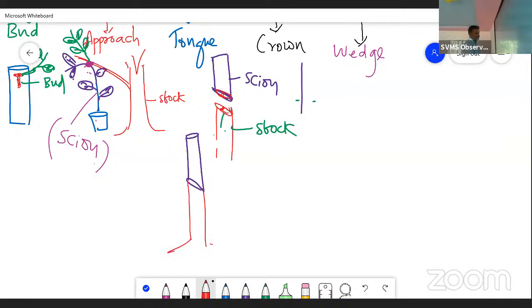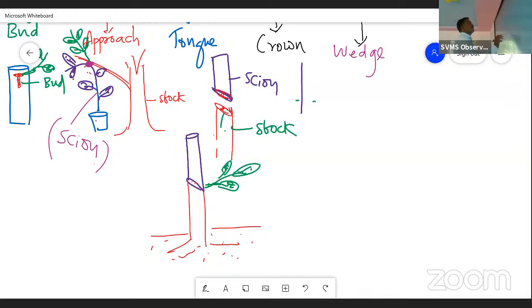This is a stalk portion, right? And here it forms the new branches, right? So after separation of these branches from the stalk and scion of the tongue grafting technique, it grows into a new plant, right? Next, crown grafting.